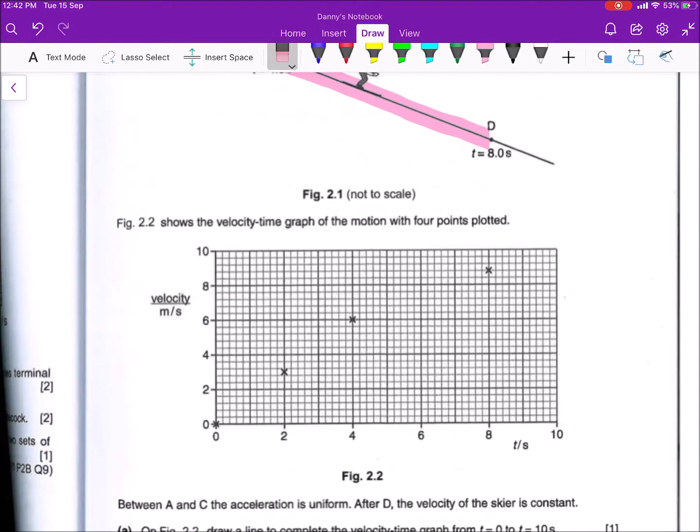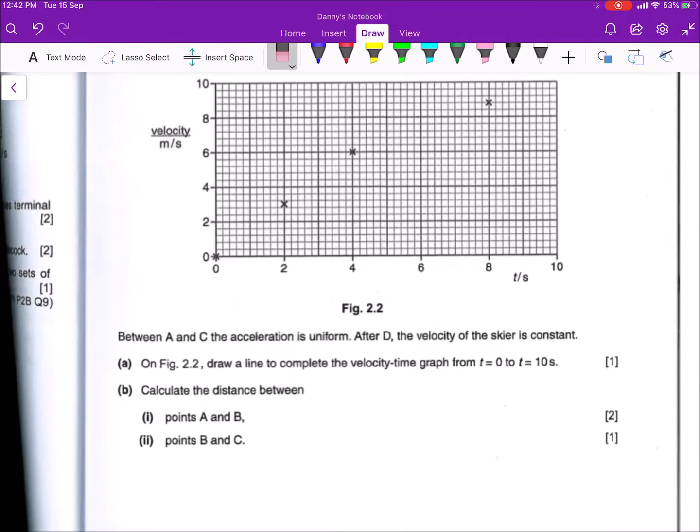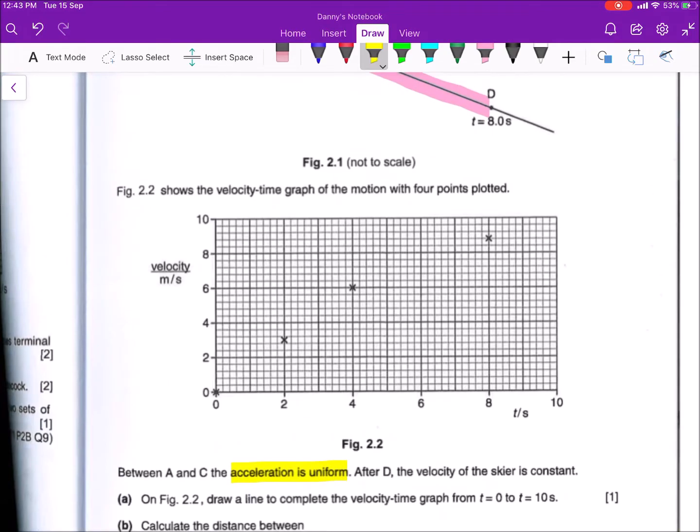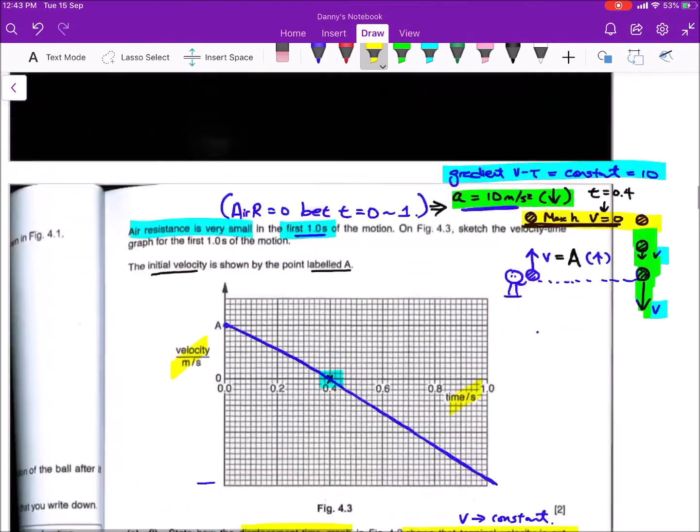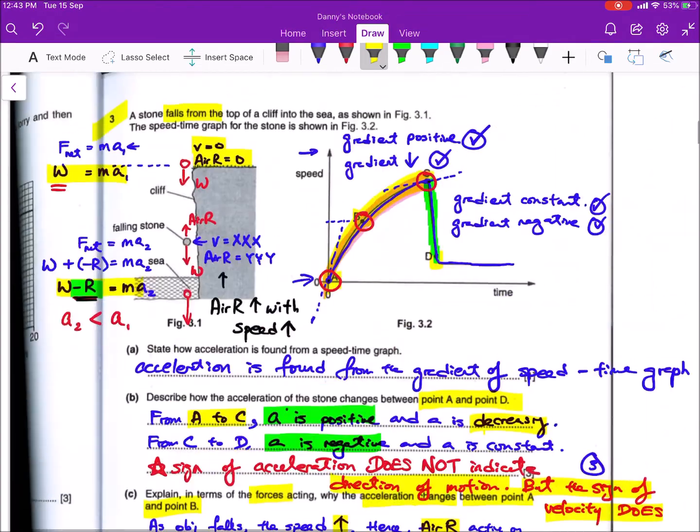So here you have a VT graph with 4 points, nothing much. Let's carry on. So down here there's one very important piece of information. It says that between A and C, acceleration is uniform. So in the previous question, if you remember, let's scroll to the first question.